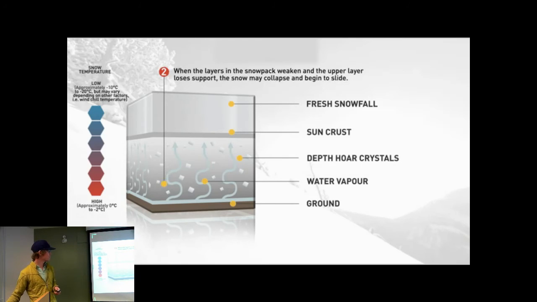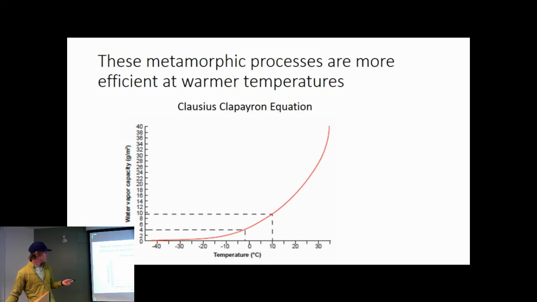And with these processes, obviously, the stronger the gradient, the more it will influence whether it facets or rounds. But these are a lot more efficient at warmer temperature, simply because vapor pressure at minus 40 is basically 0.